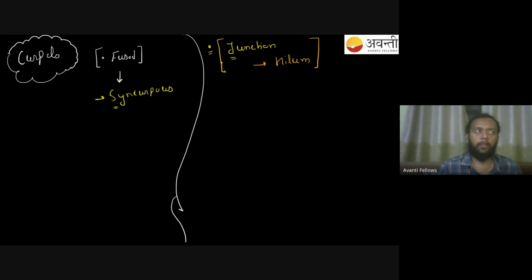Let's ask something difficult. Now you tell me, understand the question very clearly: if I want to form 100 egg cells, how many times do I have to carry out meiosis? Tell me that.